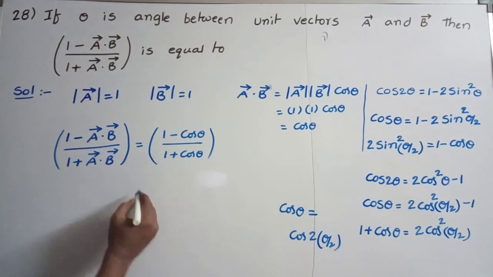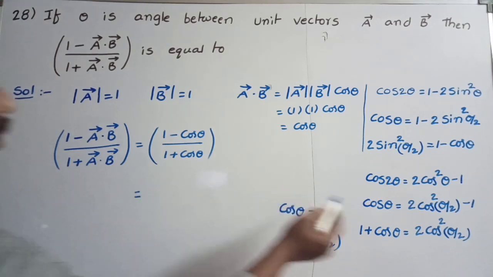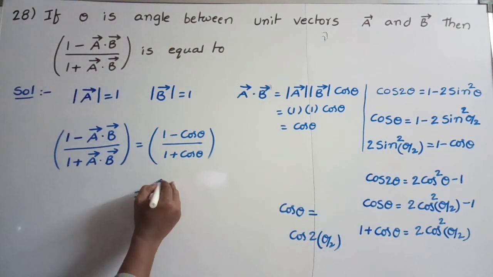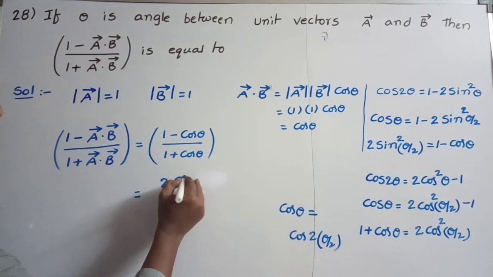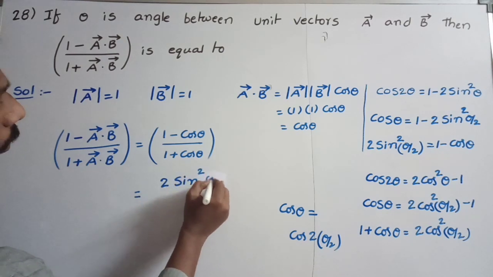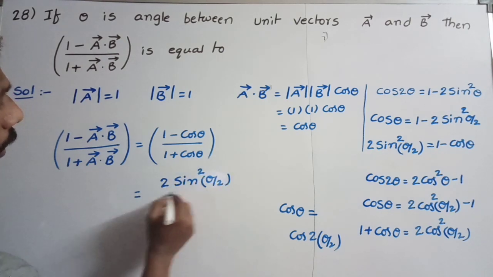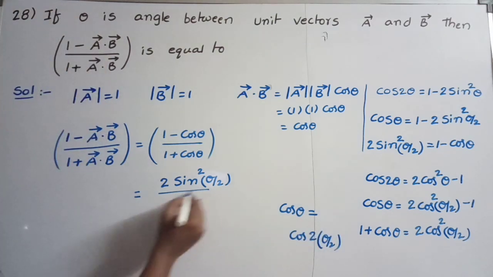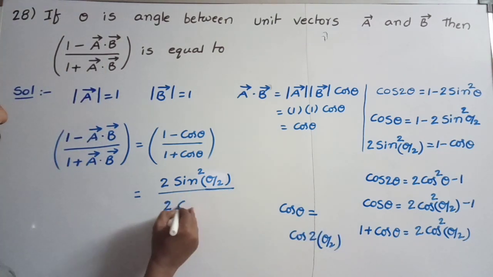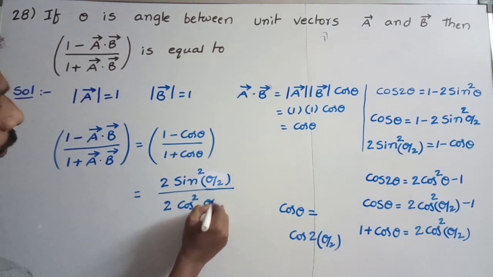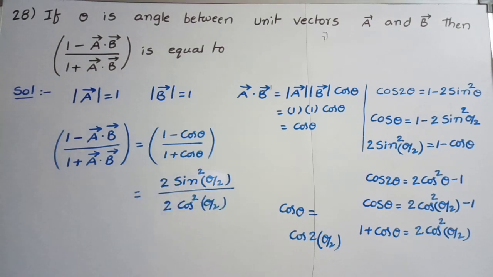From this, 1 minus cos theta is equal to 2 sin square theta by 2, 1 plus cos theta is equal to 2 cos square theta by 2, the 2 gets cancelled. Sin square theta by 2 by cos square theta by 2 is equal to tan square theta by 2.